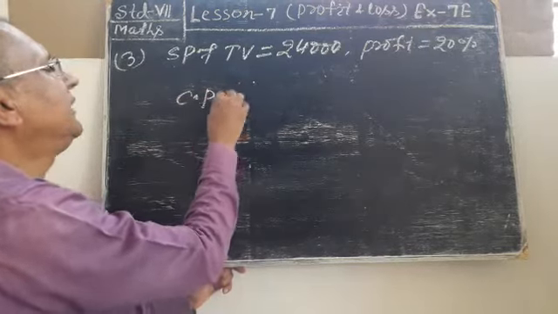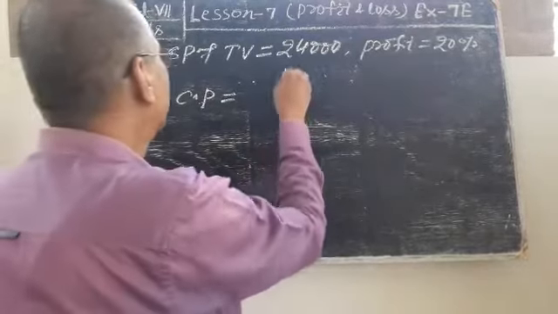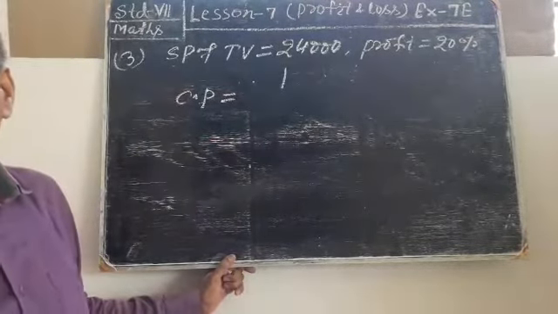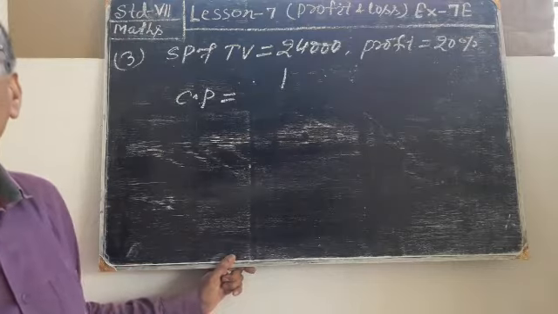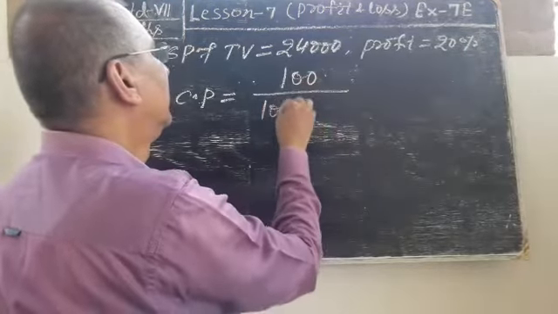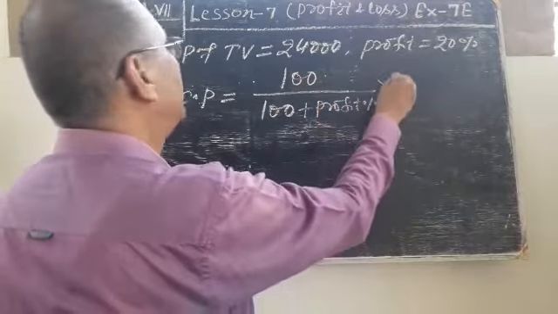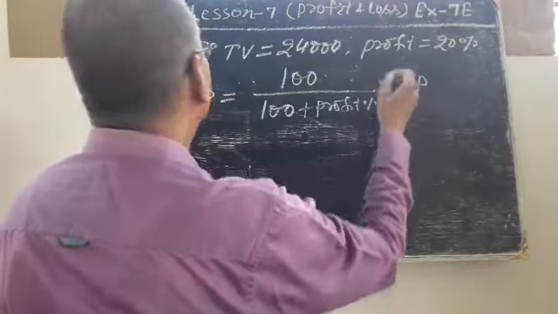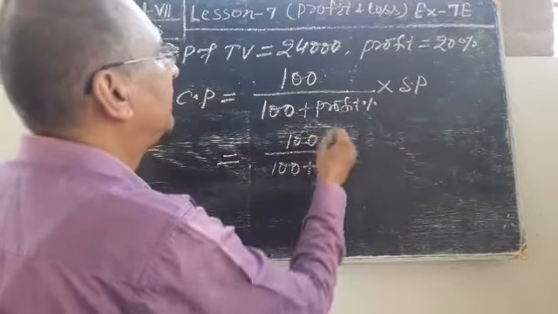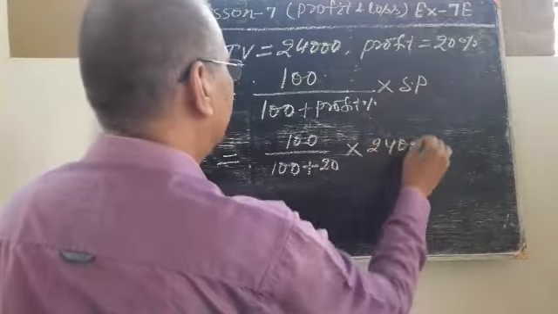So CP is equal to 100 by 100 plus profit percent into SP. This is the same type of problem. So this is equal to 100 by 100 plus 20 into SP, which is given, 24,000.